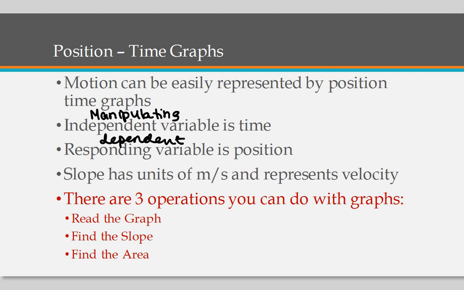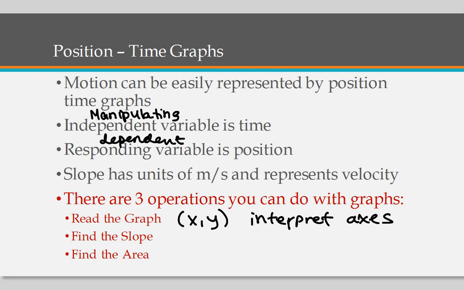And in red there, you can see there's 3 operations that you can do with these graphs. Obviously, you can read the graph, find points, find coordinate pairs. For a certain x, you have this y. For a certain y, you have this x. So a lot of this is just reading coordinate pairs. Also interpreting. You have to be able to interpret the scale, interpret the axes, especially if there's positives and negatives.